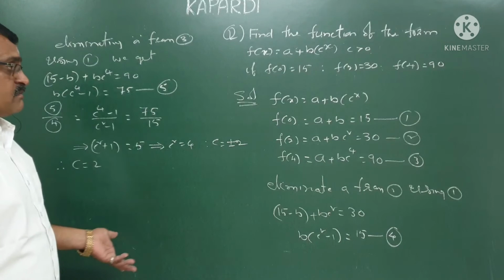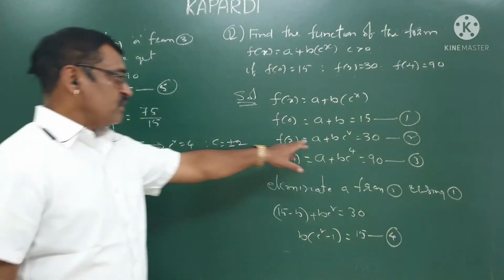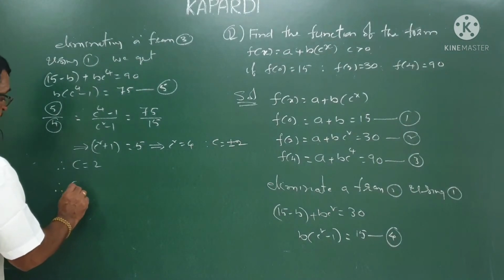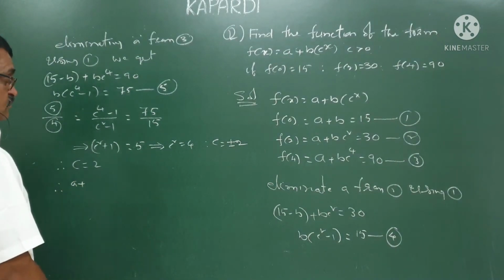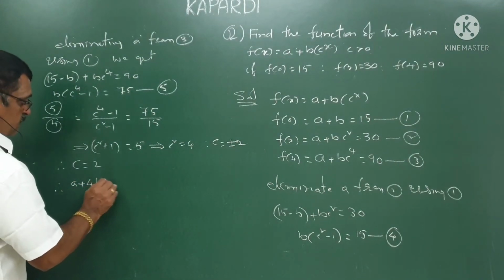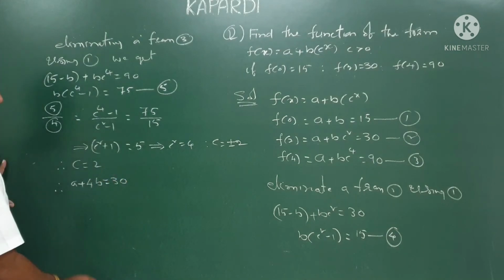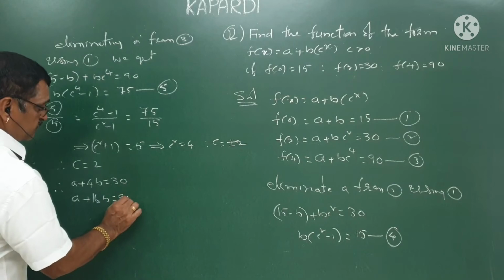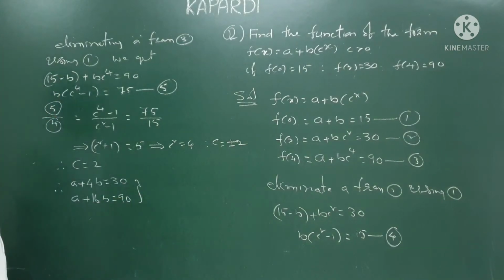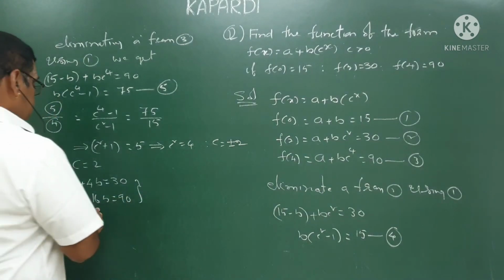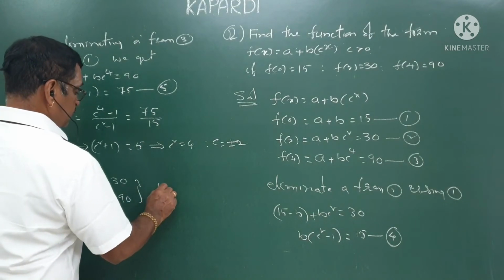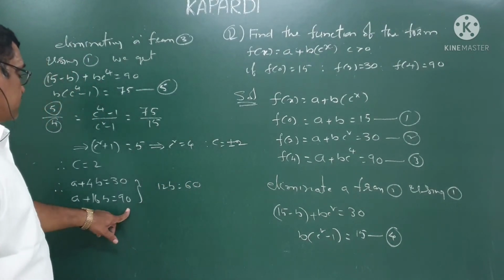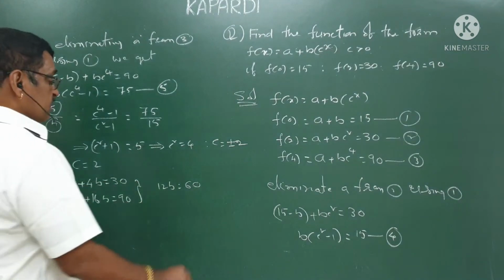After getting the c value, over here, therefore a plus b is equal to 15, a plus 4b is equal to 30, and a plus 16b is equal to 90. Solving these two equations for a and b, we get 16 minus 4, 12b is equal to 60. That is 90 minus 30 is equal to 60. Therefore, b is equal to 5.